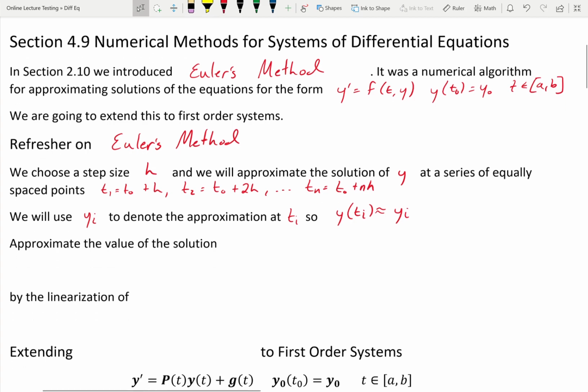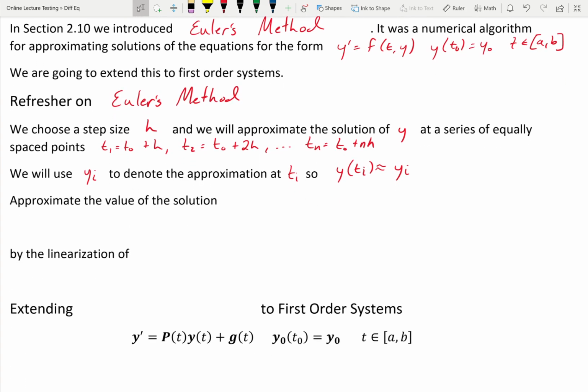The approximate value of the solution is y sub i plus 1 is equal to y sub i plus h times f of t sub i, y sub i. So what we're doing is making this approximate value in steps, and this is a linearization technique of y. So this is where this is coming from, our refresher. We're going to do that step-by-step method with the next piece.